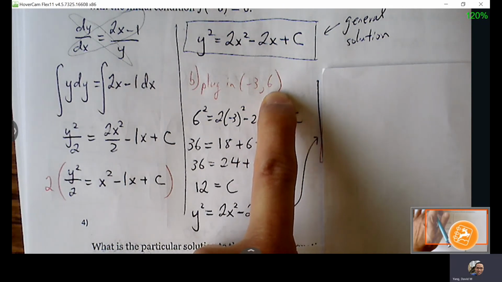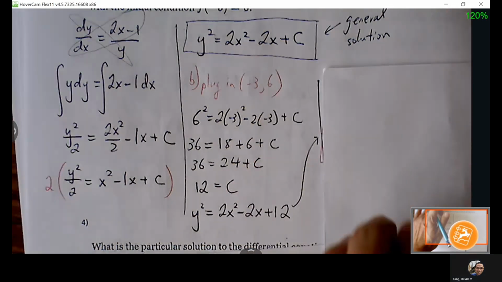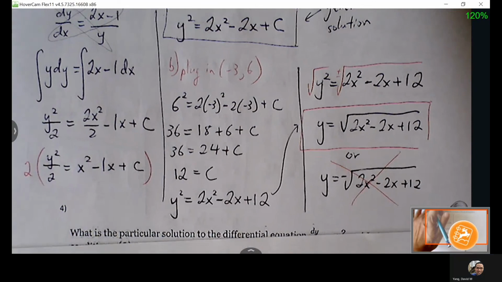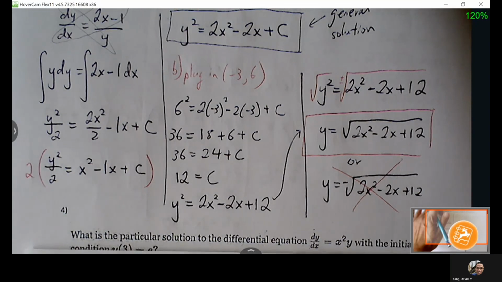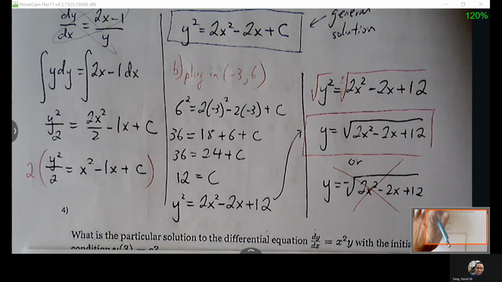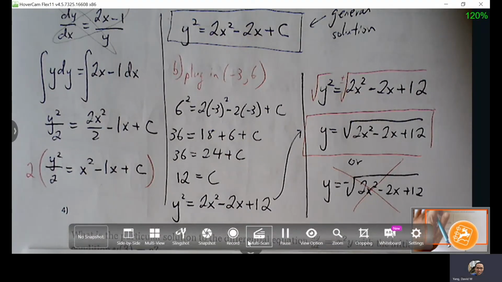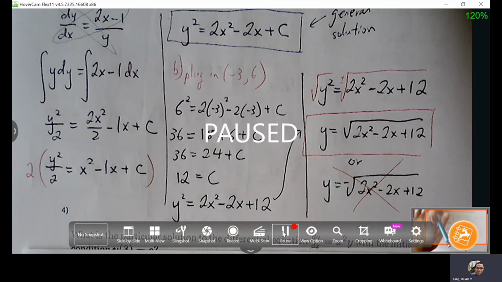You want whatever sign of your answer to match the sign of your y value. Okay, try number 4.